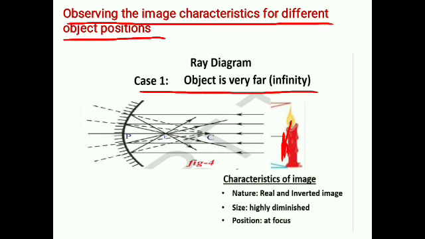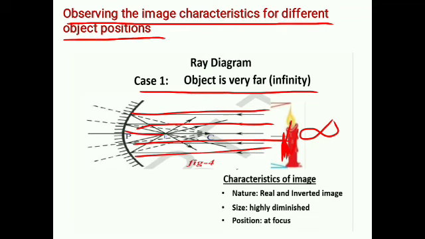This candle is at a very far distance, that means it is at infinity distance, and the rays coming from the candle are parallel rays as shown in figure. When the object is at infinity, we get a parallel beam of rays, and this is concave mirror.